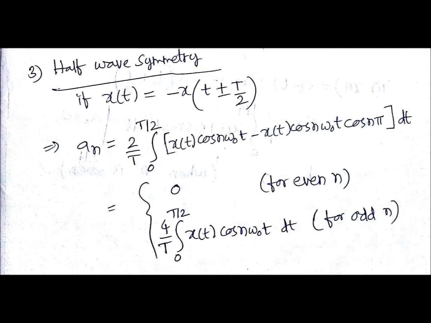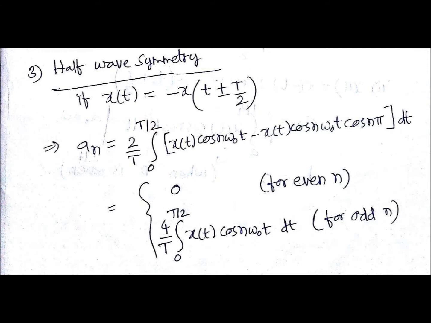You need to observe this: the an value is going to become 0 for even values of n, and going to become 4 by T integral 0 to T by 2 x of t cos n omega naught t dt for odd values of n.